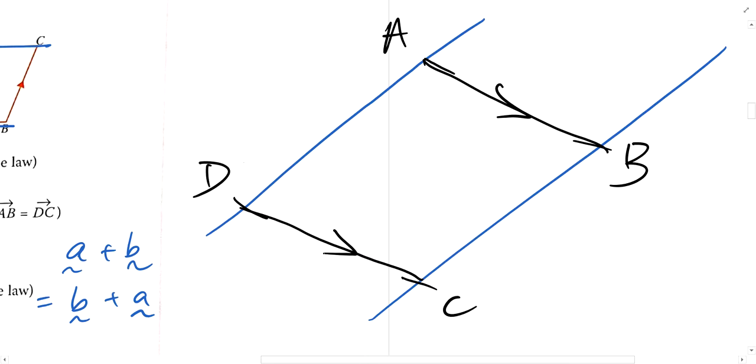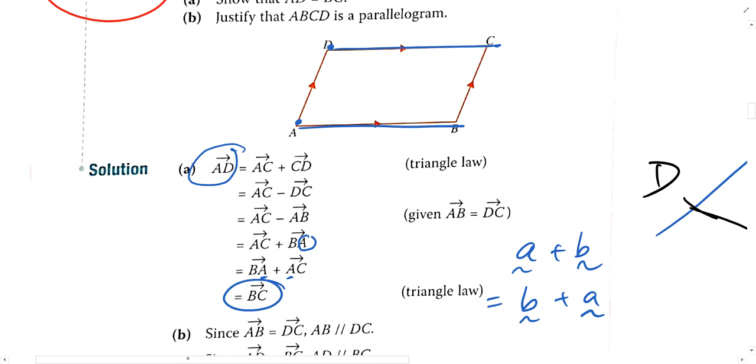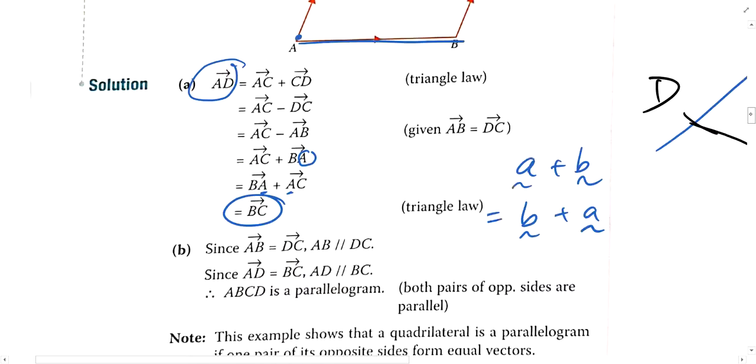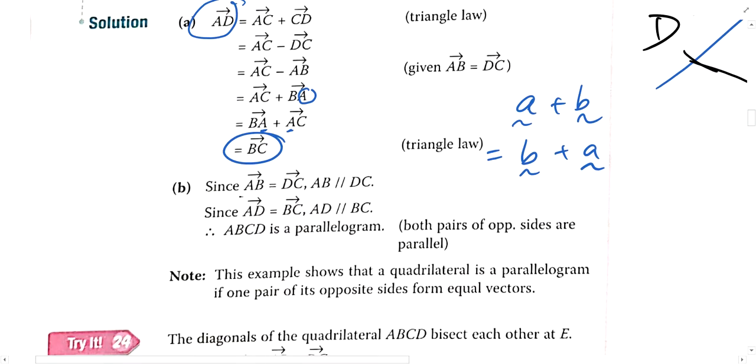This is the summary, the application of it. So to justify that it is a parallelogram, we say that since these two vectors are the same, then they are parallel. Then since the other two vectors are the same, then they are also parallel. So two pairs of parallel lines must give you a parallelogram. So that is the proof.